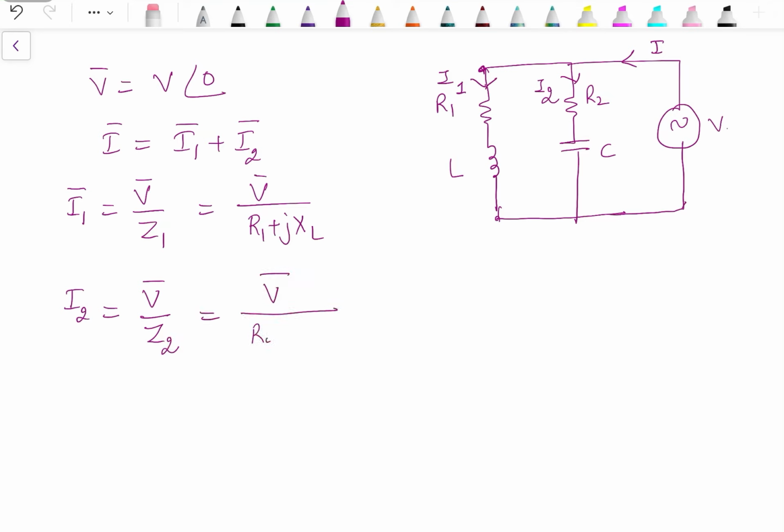Z2 is R2 minus jXC. This is the same as in the case of the series circuit. We had written the impedance for an RL series circuit as R1 plus jXL and for an RC series circuit as R minus jXC. On a similar basis, I have written the values of Z1 and Z2.